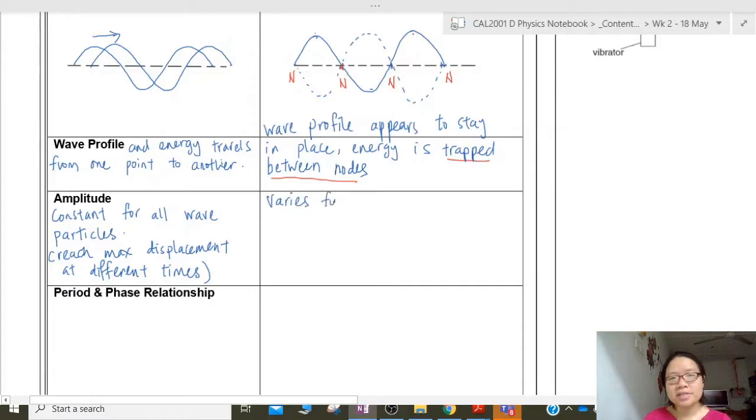Okay, whereas the amplitude for stationary wave, it varies from 0, which is the nodes. The nodes have no amplitude. Okay, to maximum, which is the antinodes. The antinodes have an amplitude of 2A, or double the overlapping waves.